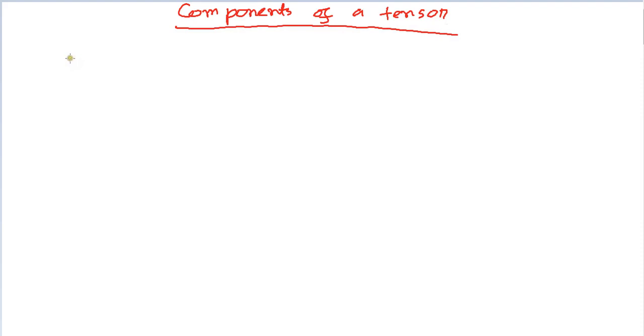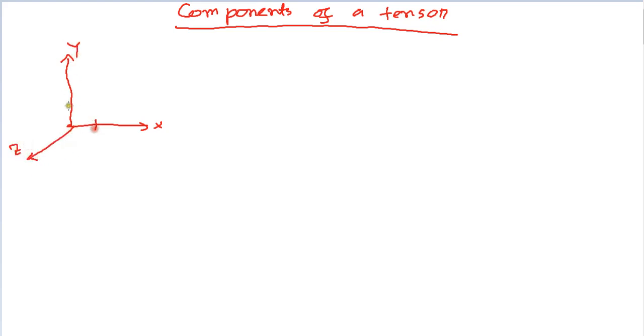Base vectors are all the unit vectors of a Cartesian coordinate system which are perpendicular to each other, right? So here, if we say this is the x and this is the y, and this is the j direction.